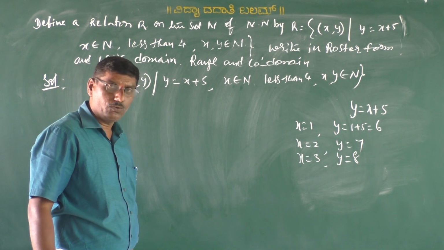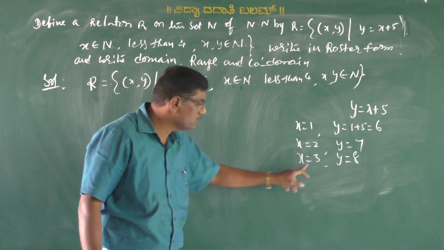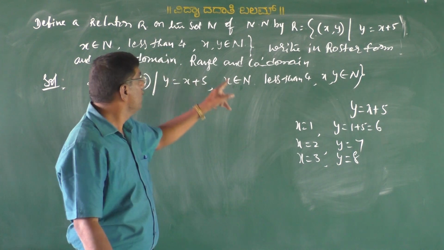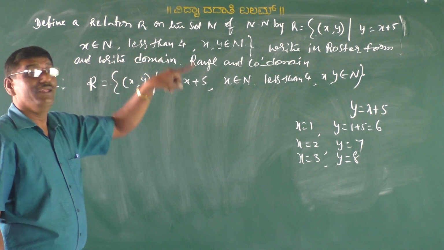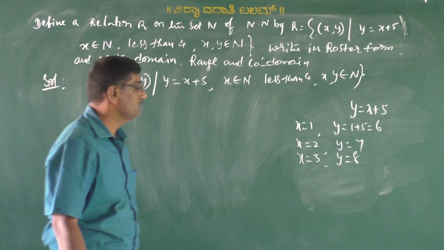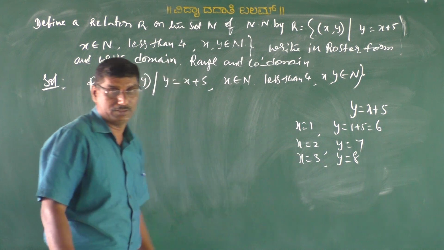Is it possible to give x = 4 here? No, since the given condition is that x belongs to N and is less than 4. That means we get the ordered pairs.